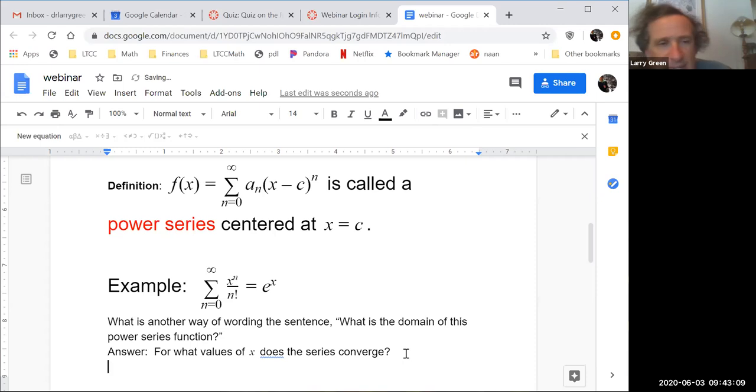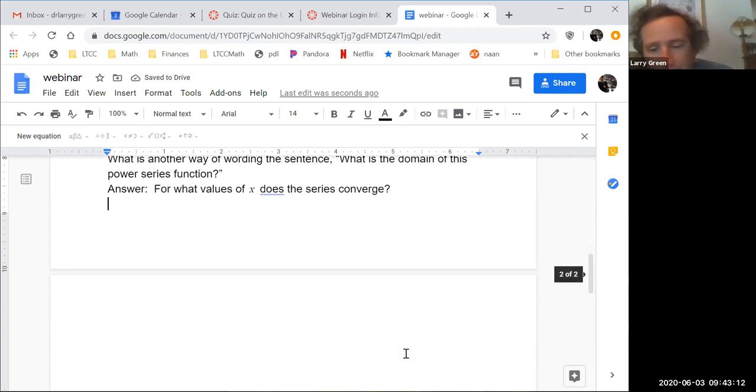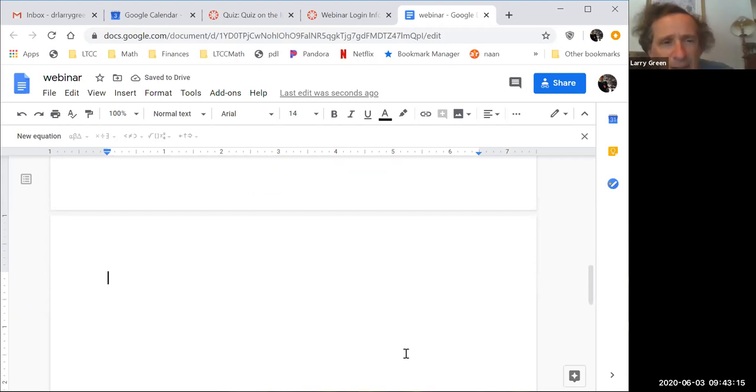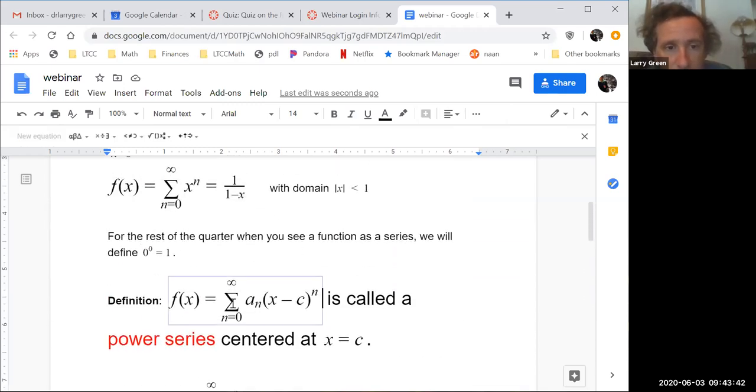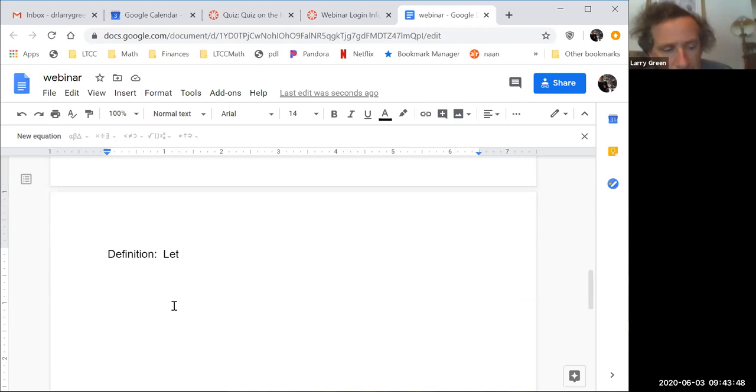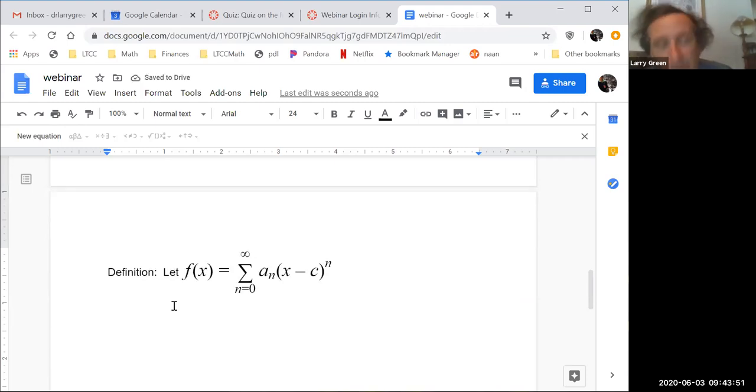Okay, so now, and this is just language coming up. When we're talking about power series, we tend to use different language. We don't use the word domain. So let me give you a definition for some of that language. The definition is as follows. Let f of x equal this power series.